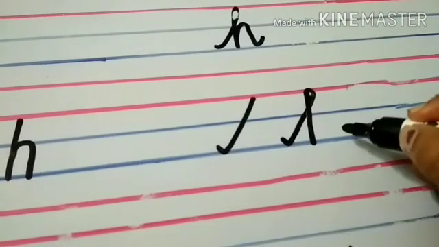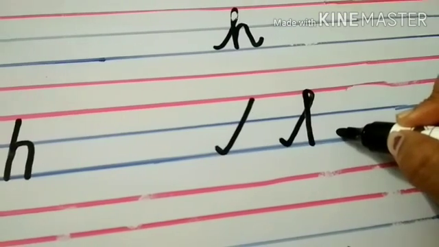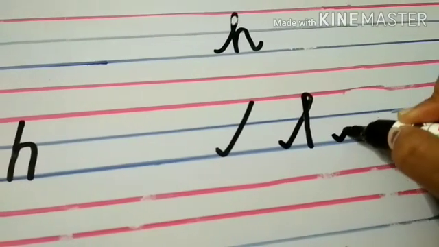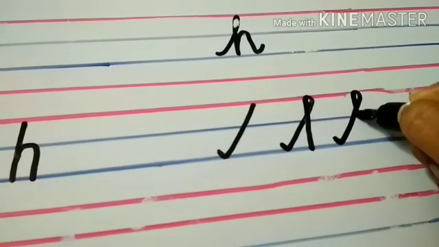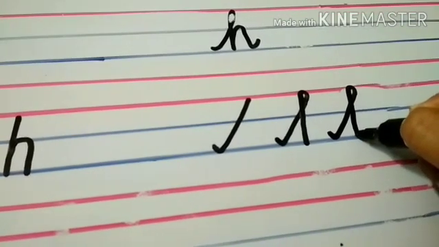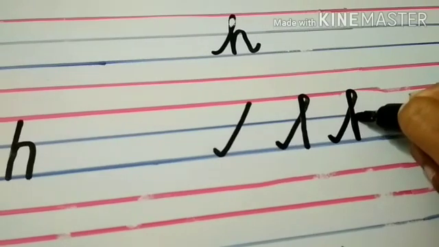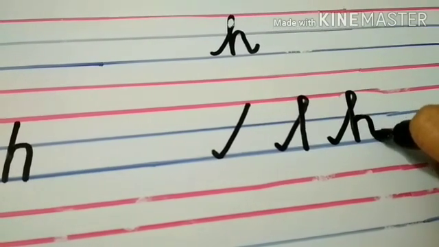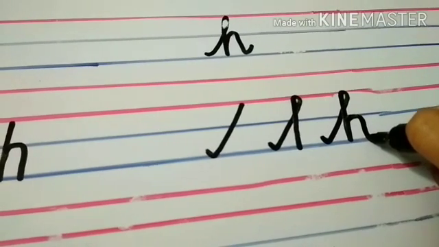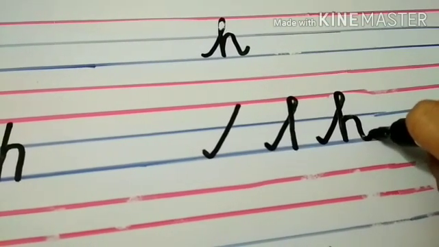Okay, again see, keep your pencil on third line, then go up, then make a loop, then come down till the third line, then go up and make a upside curve, then come down till the third line and take out slight curve.